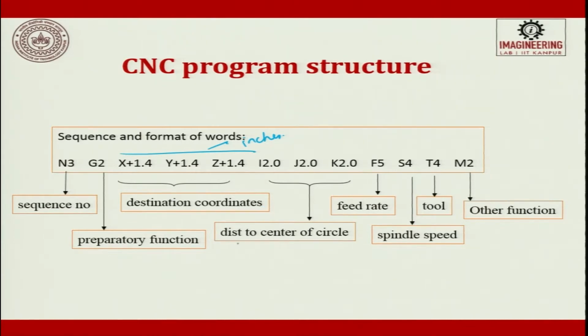I, J, K are the distances to the center of the circle, the X axis, Y axis, Z axis offsets, or if you do not want them, you can write the R command, which gives the radius. Then we have feed rate again in inches, spindle speed, tool number, and then the miscellaneous function M02.